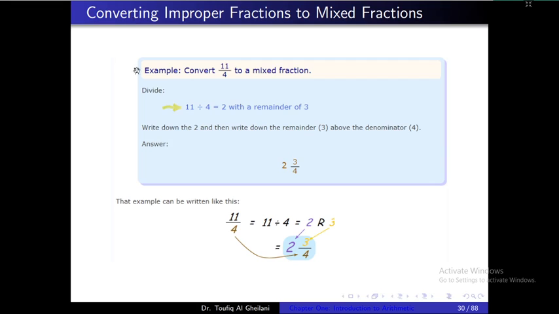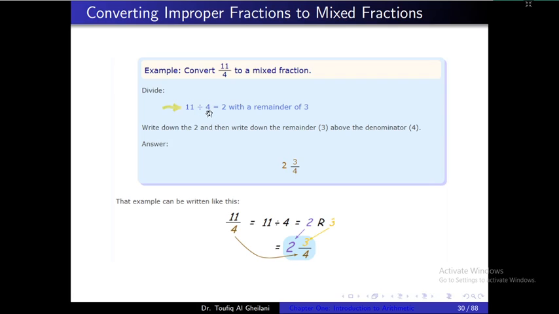Now the opposite, we convert an improper fraction to a mixed fraction. For example, convert 11 over 4 to a mixed fraction. So firstly we divide 11 by 4. But 11 does not divide evenly, so what's the number before 11 that can divide by 4? 8.